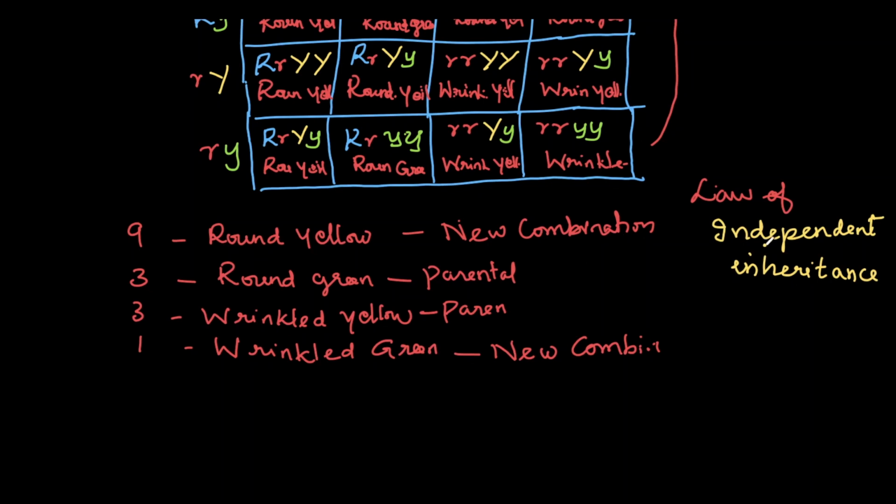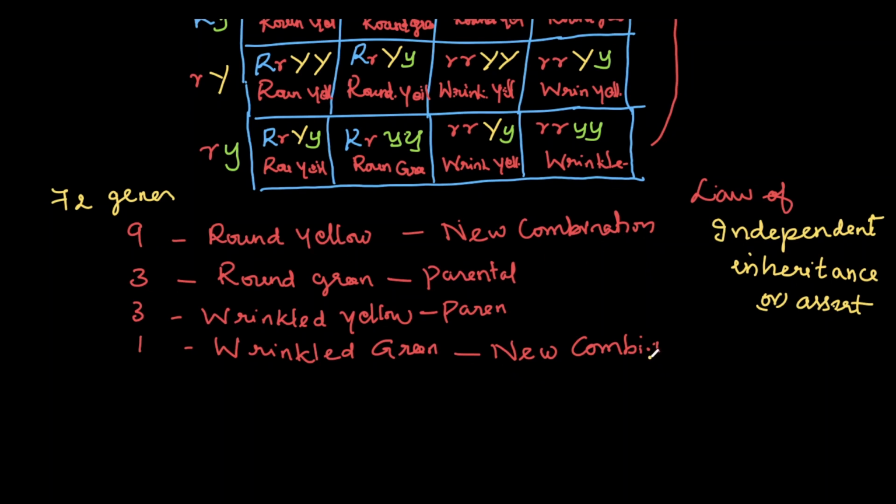In the dihybrid cross, the law of independent inheritance or independent assortment is proved because in the F2 generation two new combination plants are produced.